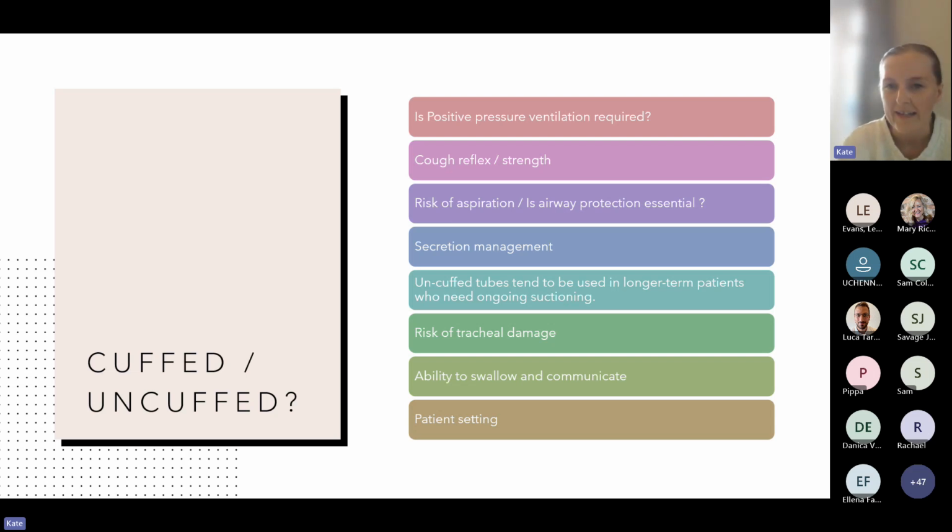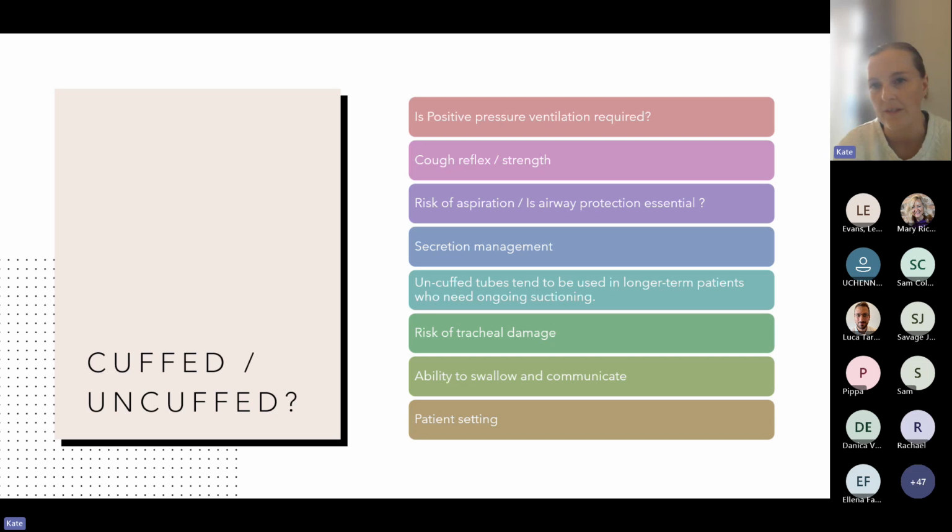For uncuffed tracheostomies, ideally your patients are going to need an effective cough and a gag reflex to protect themselves from aspiration. Secretions can also impair your airway patency, and patients may not tolerate a deflated cuff or a cuffless tracheostomy. So you also need to consider that.